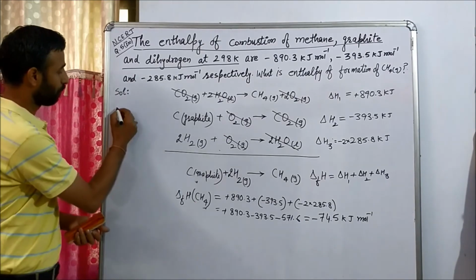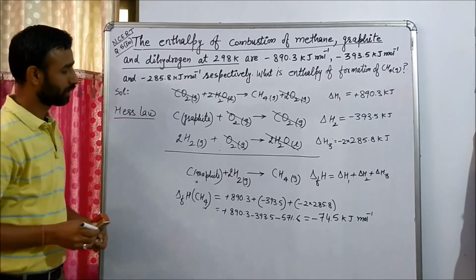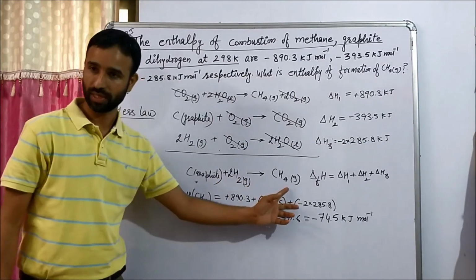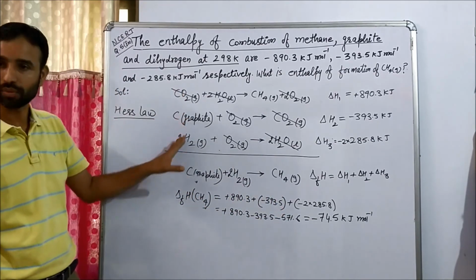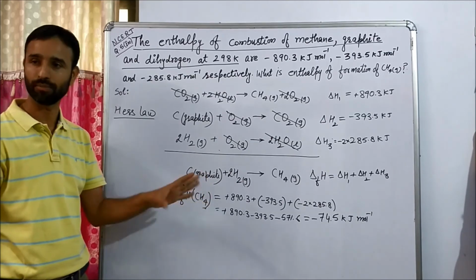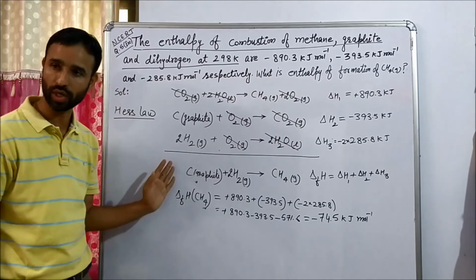What is Hess law? When a reaction takes place in one step or series of steps, the enthalpy change involved is the same. So this is the application of Hess law as well.